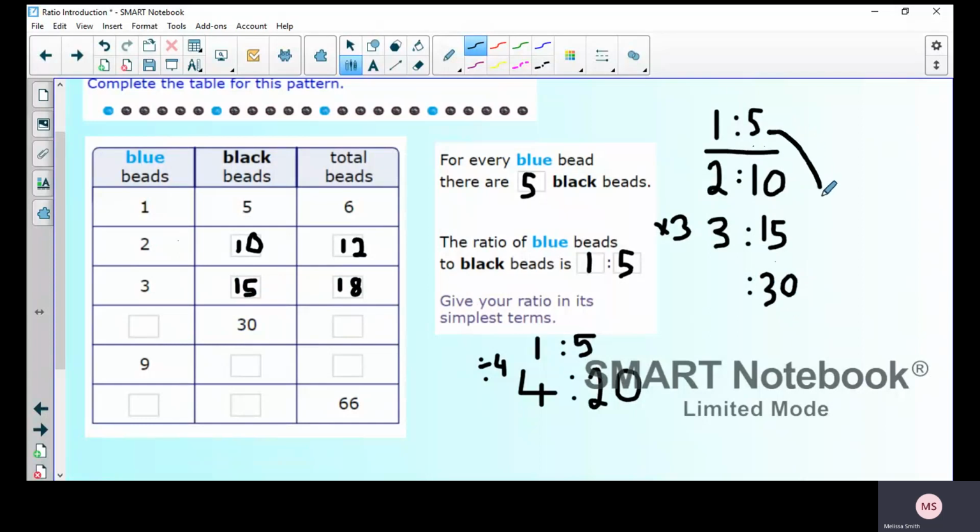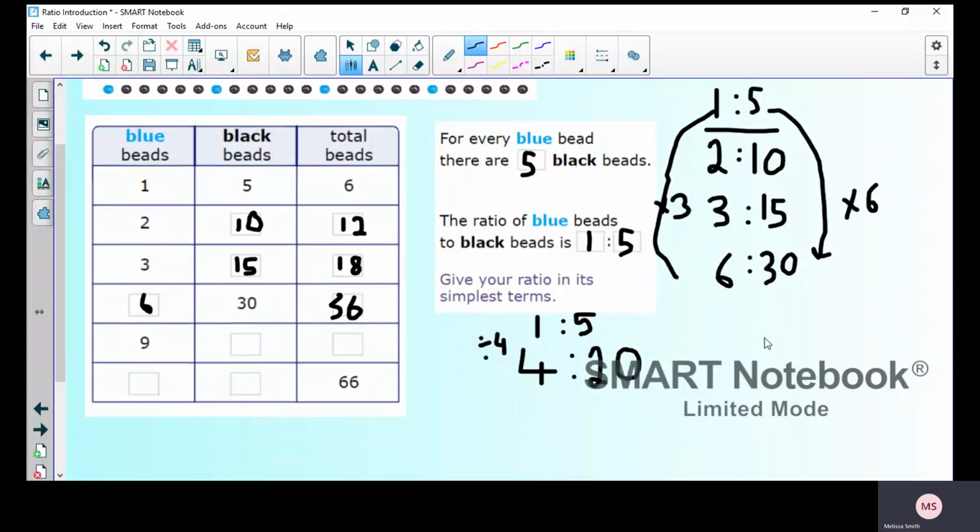What do I times by 5 to get to 30? 6. And I know that whatever I times my one ratio by, I have to times the other by. So 1 times 6 is 6. 30 add 6, 36.